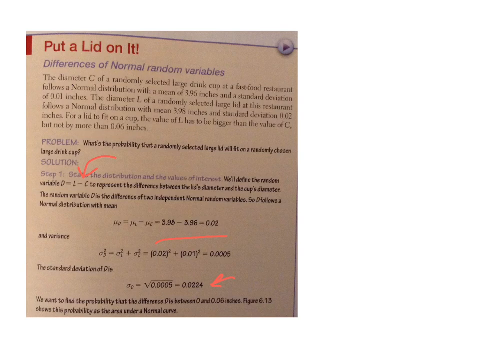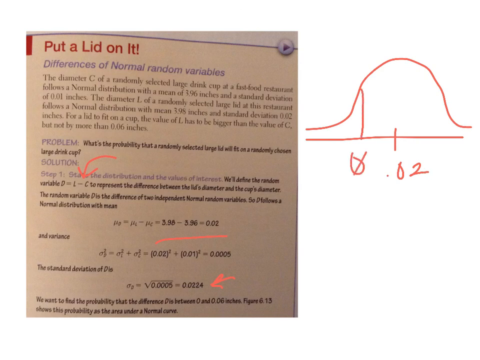When I sketch out my normal curve here, the mean of the difference is 0.02. I want to know the probability between 0 and 0.06.